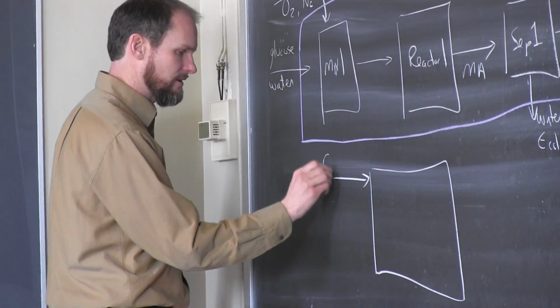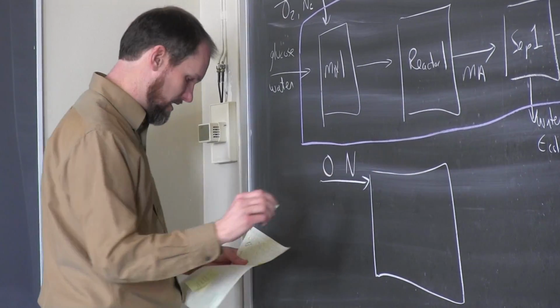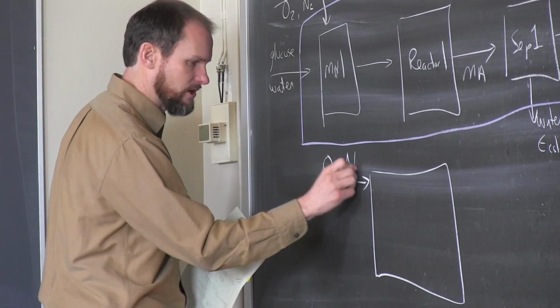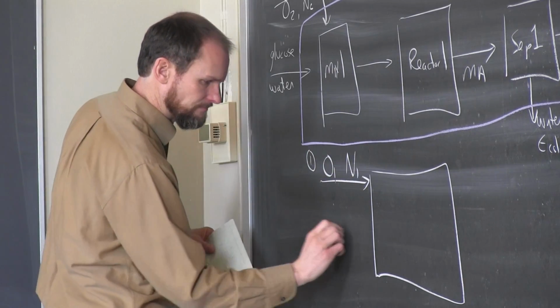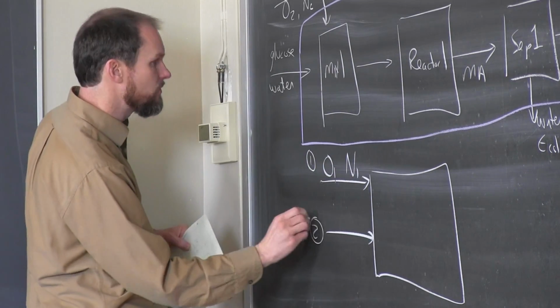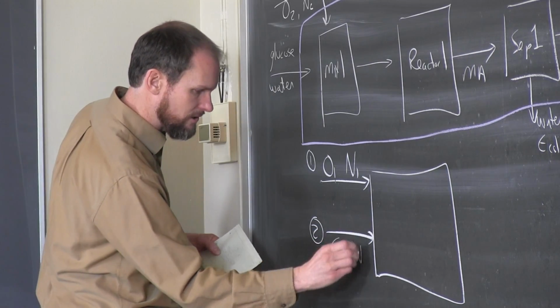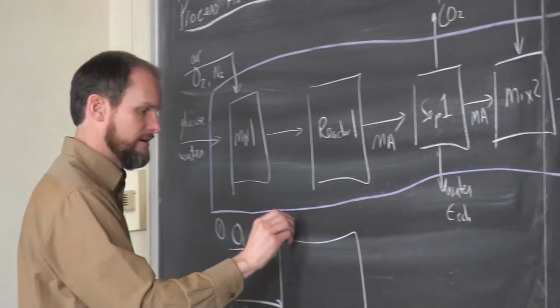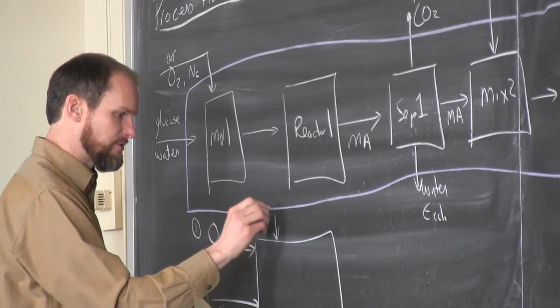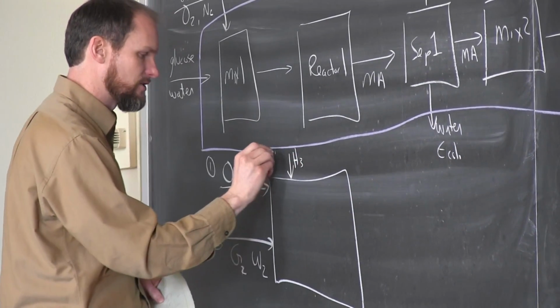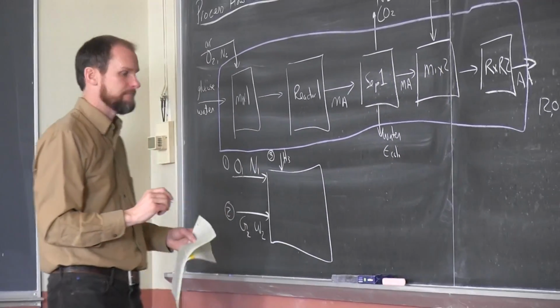We've got air with oxygen and nitrogen. We call this stream 1. We've got stream 2 with glucose and water. So, just to keep the inputs together, my third input is hydrogen. Let's call that H3, stream 3.